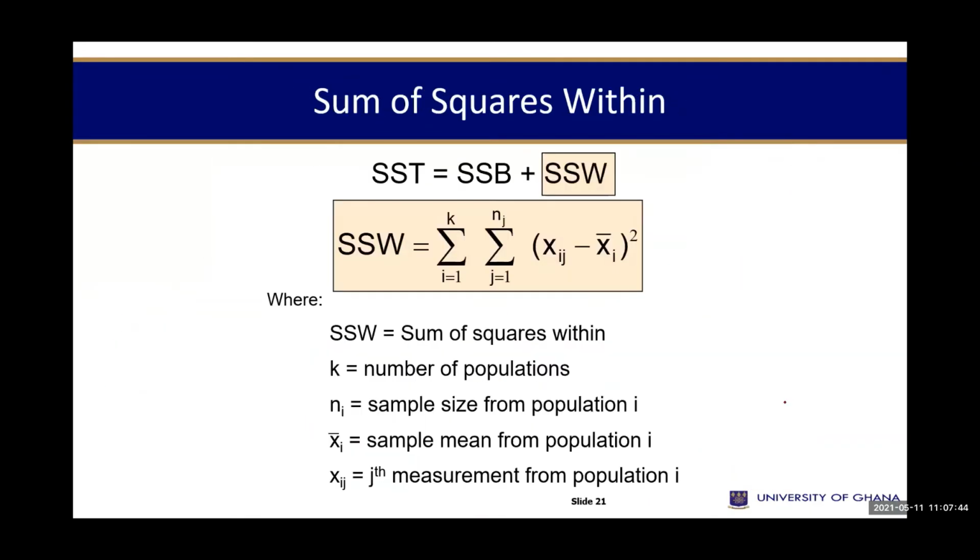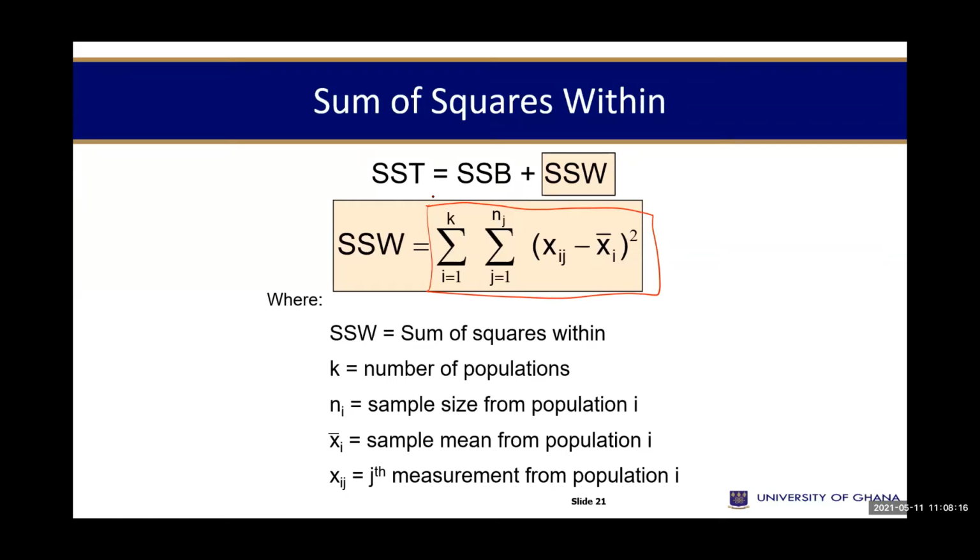Then I should be able to also estimate my sum of square within groups. I always say, don't be confused or alarmed by the formula you have here. We are only looking at each sample and their respective sample mean. We are just squaring and adding them together.